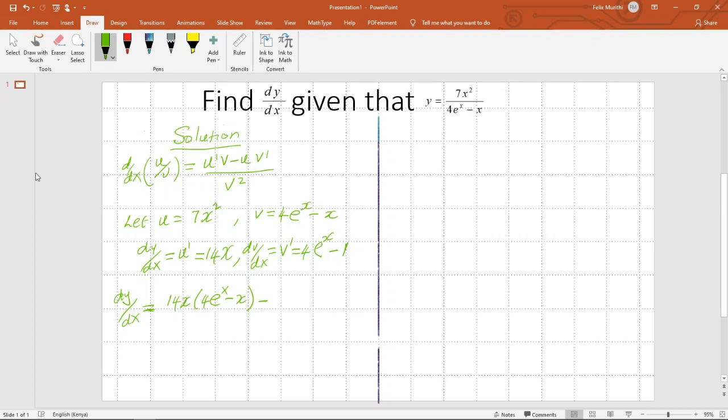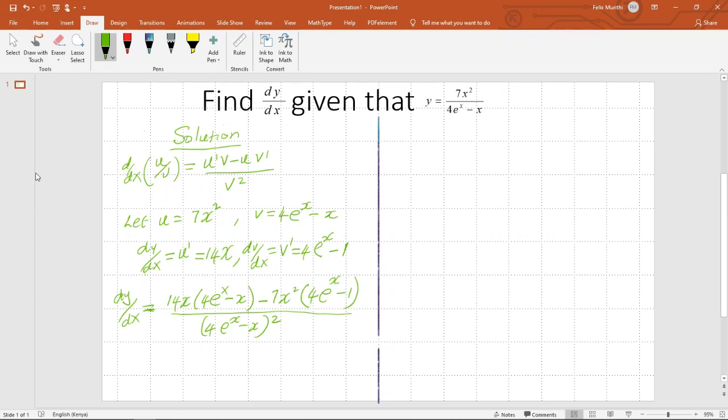Our u is 7x squared into, what is our v prime? 4e^x minus 1, over v squared. This is our v, so we square it, so it is going to be 4e^x minus x, all squared. Okay, so that's what we have.